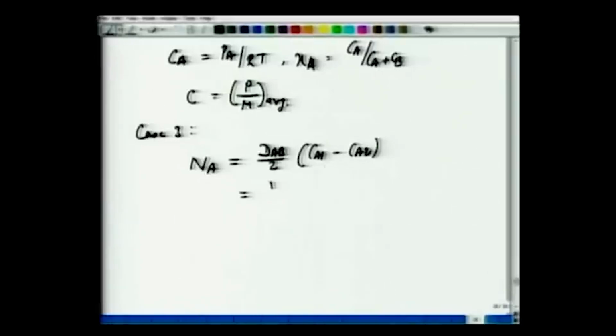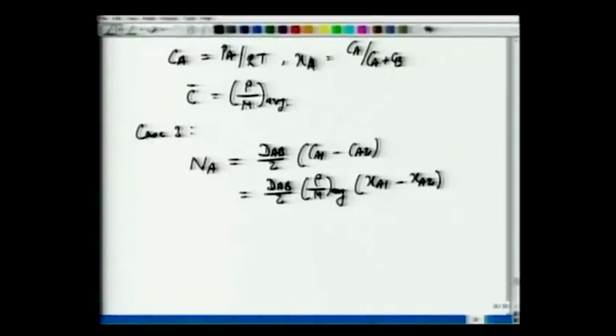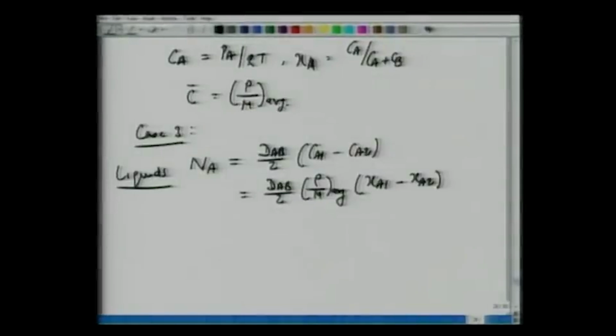We can also write this as DAB over Z times rho over M average, the average liquid concentration, times the mole fractions of A in the liquid at locations 1 and 2. So a similar equation can be obtained for all the cases which we did earlier, case 1, case 2 and case 3.